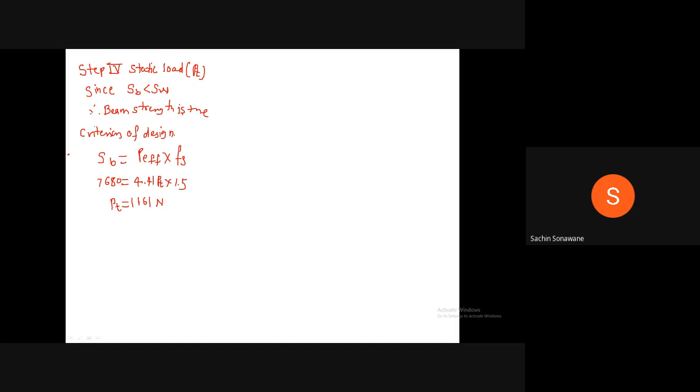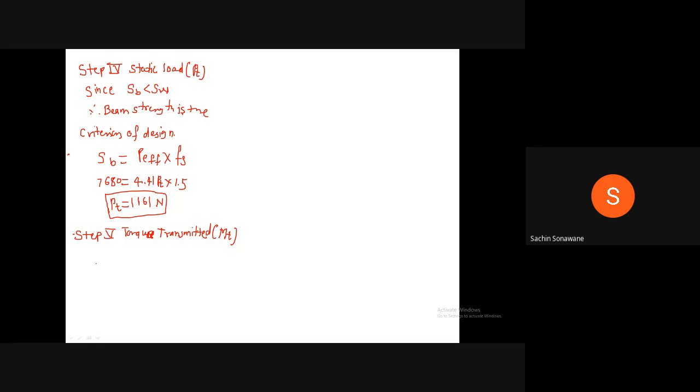Now, once you have calculated the static load, we will calculate torque transmitted. Therefore, write down step 5: torque transmitted. In machine design, we use the notation MT for torque transmitted.